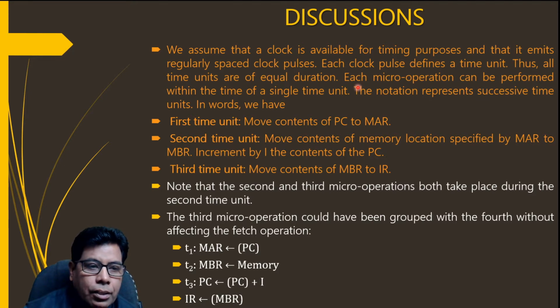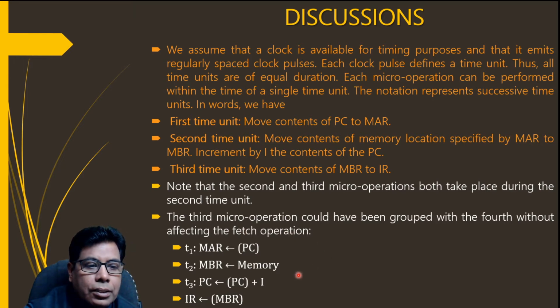Here we must note that the second and third micro operations both take place during the second time unit. So here you can see these two operations are taking place during the second time unit. And the third micro operation we can say is grouped with the fourth without affecting the fetch operation.